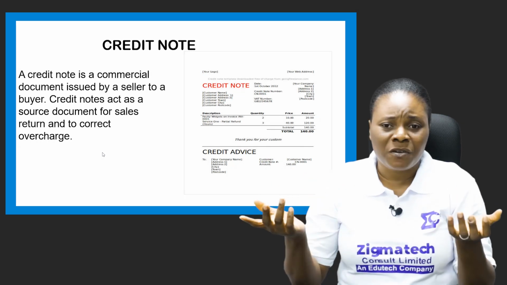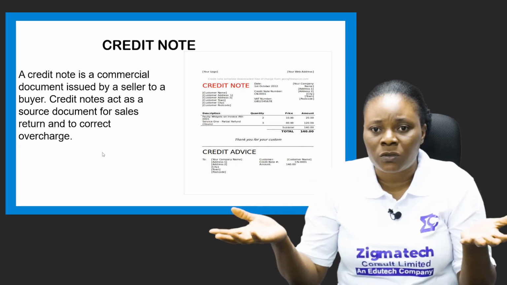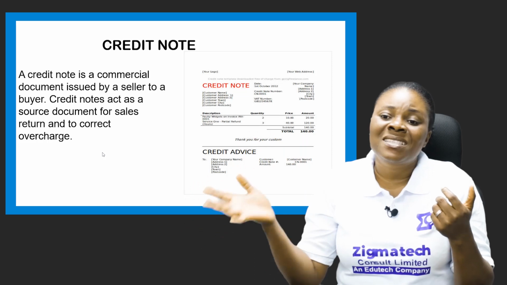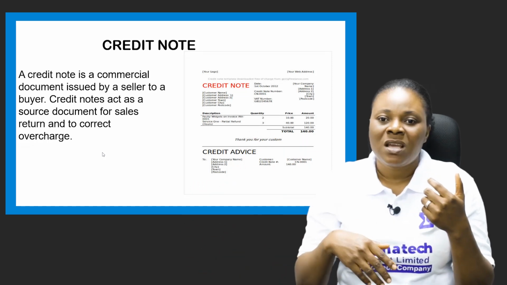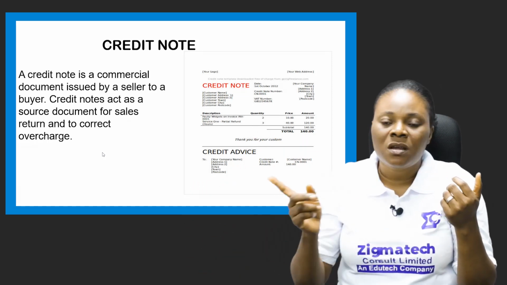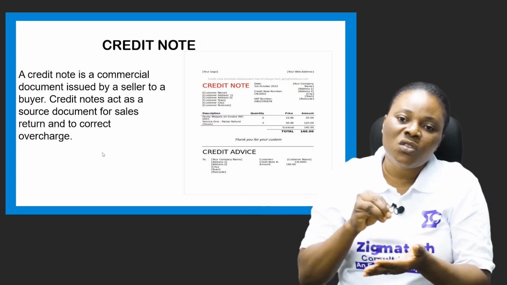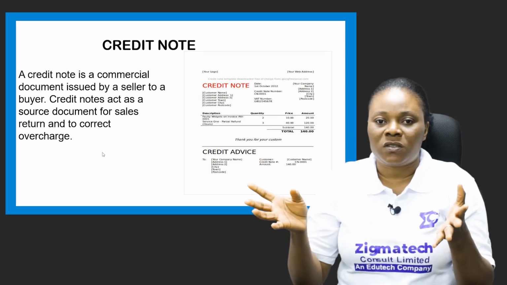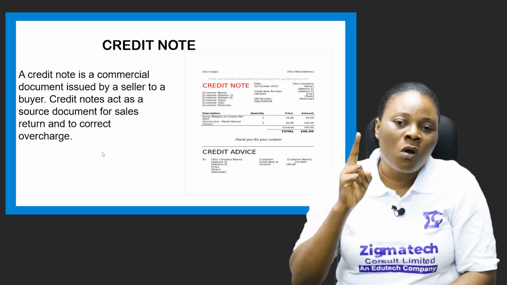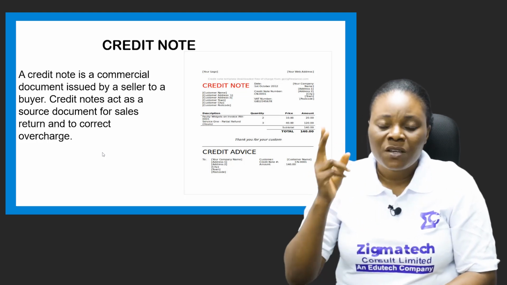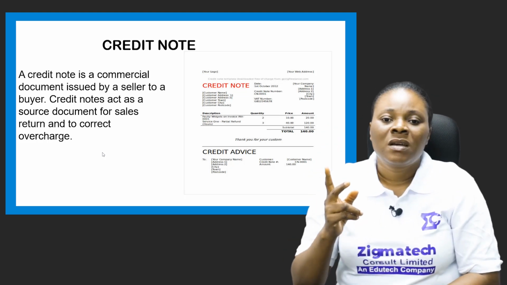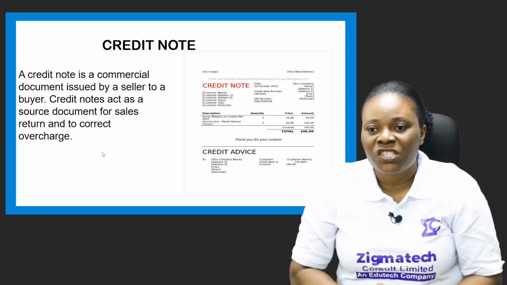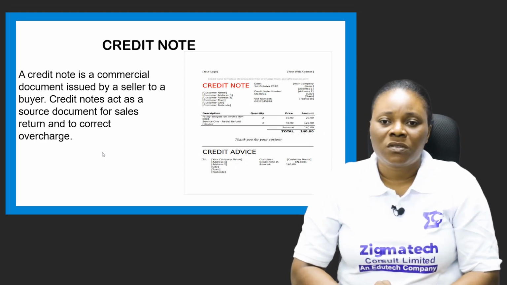The buyer has already paid for it and it is not the buyer's fault. So the buyer has the right to return such a product, and for the money to be returned to the buyer, the credit note must also be used. So the credit note is used to correct two things: goods returned and overcharged transactions.